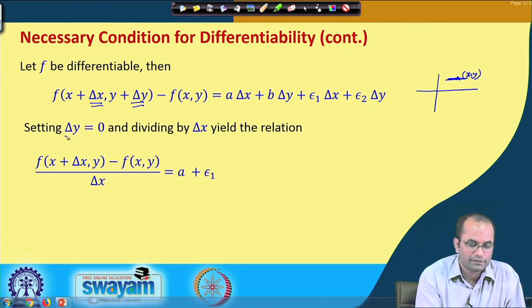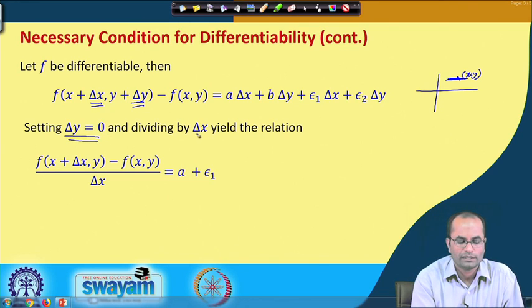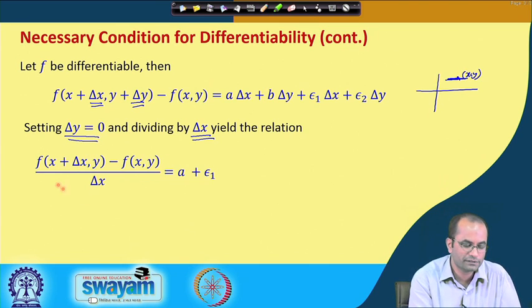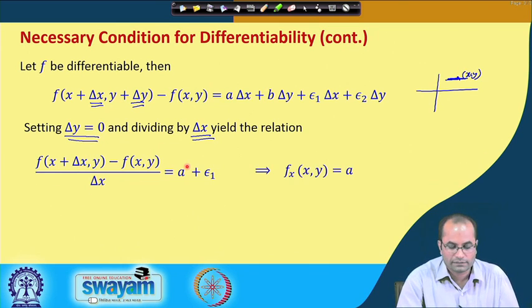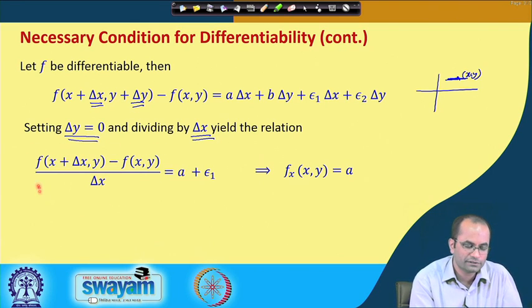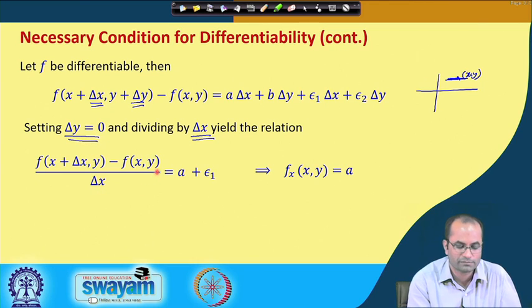So, what we have done is we have taken delta y to 0 and then divided by delta x, and now we can take the limit as delta x goes to 0, and what we will get is the partial derivative, the definition of the partial derivative of f with respect to x.